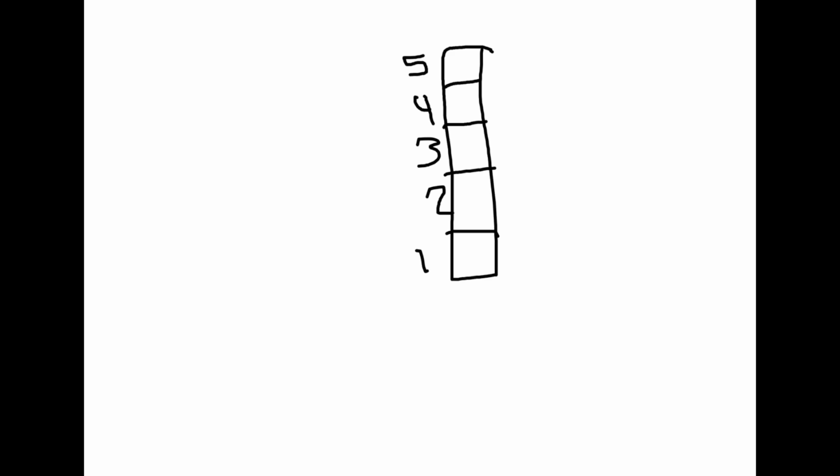So again, if I have this column, 1, 2, 3, 4, 5, and I'm telling you this lady is getting 2 contractions in 10 minutes, and they are strong and lasting for 60 seconds. So I will mark 2.